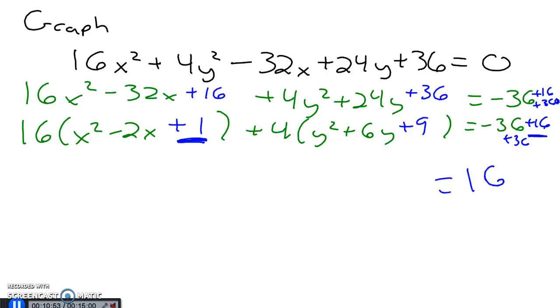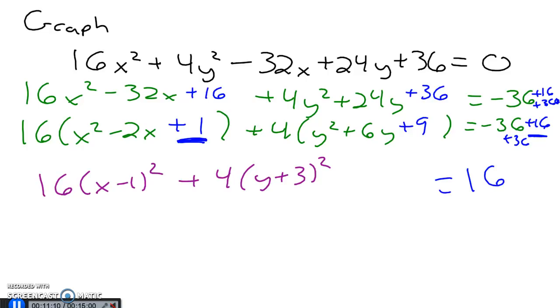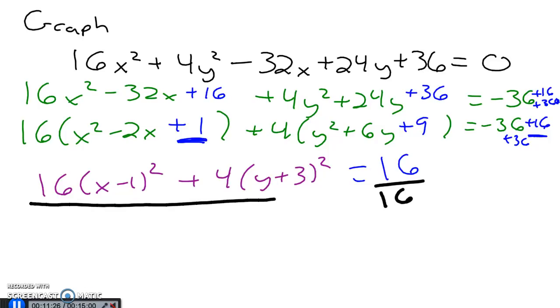Negative 36 plus 36 plus 16 is 16. And we can go ahead and factor these trinomials. Here's 16 times x minus 1 squared plus 4 times y plus 3 squared equals 16. Now the formula for graphing, where we have our x radius and our y radius, equals 1, so we'll divide by 16 on both sides.